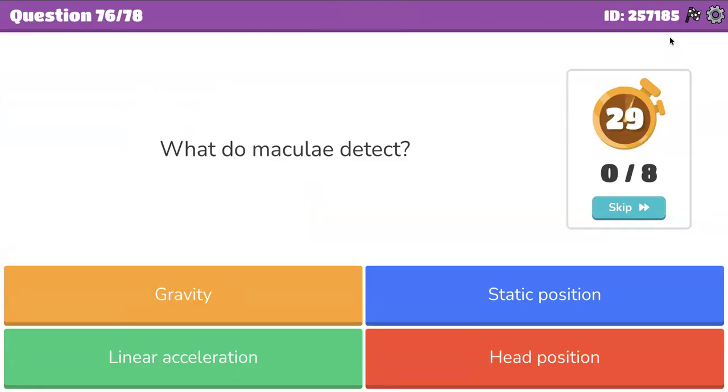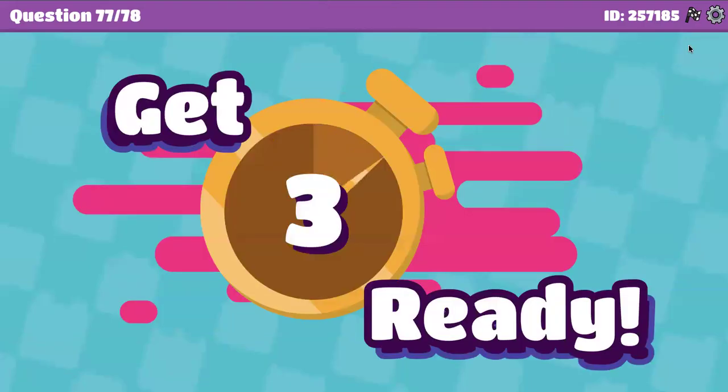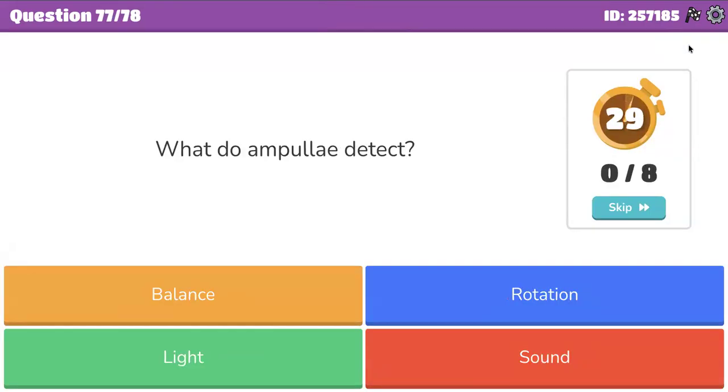What do maculae detect? Linear acceleration. What do ampullae detect?